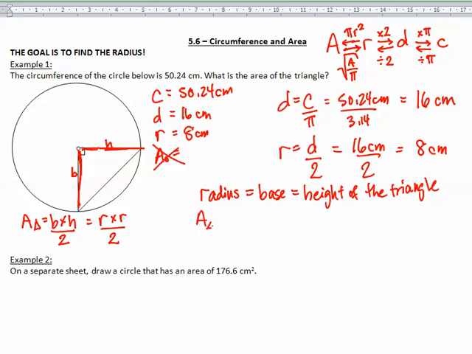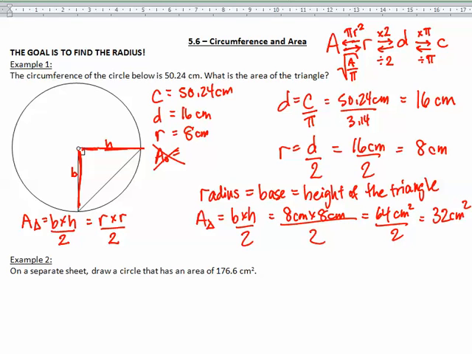So area of a triangle is equal to base times height divided by 2. The base and the height are both the radius, so 8 centimeters times 8 centimeters, all of that divided by 2. 8 times 8 divided by 2 is 32 centimeters squared, which is the area of the triangle.